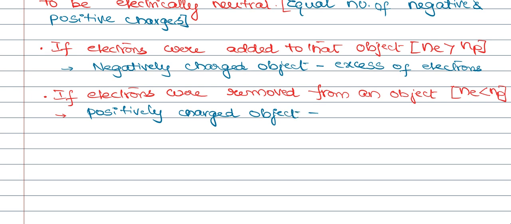So it is not about excess of protons, as we are removing or adding electrons. We have to learn it along with electrons only: deficiency of electrons, and that object will acquire positive charge. So neutral objects have an equal number of negative and positive charges. A negatively charged object has an excess of electrons. A positively charged object has a deficiency of electrons.